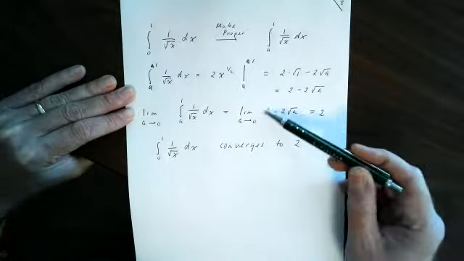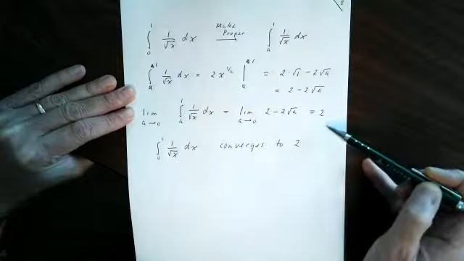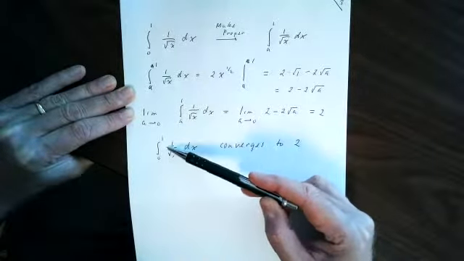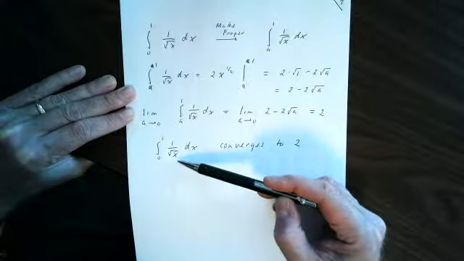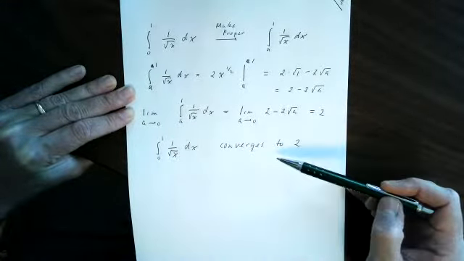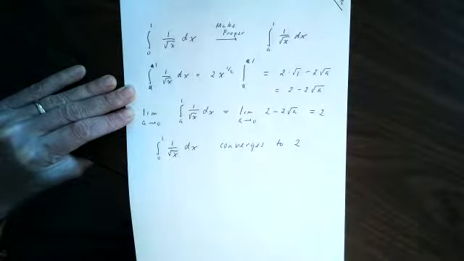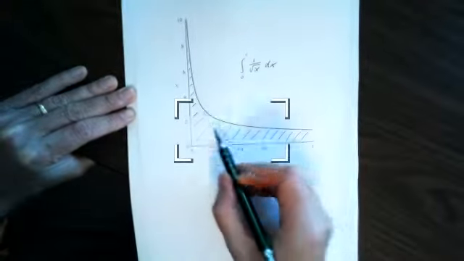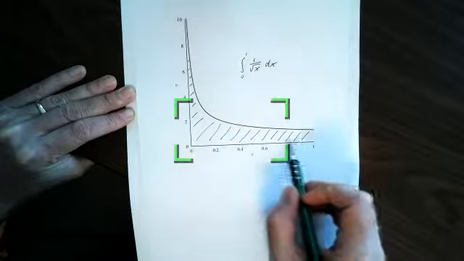So the whole quantity will become closer and closer to 2. So in this case, we say that the improper integral from 0 to 1 of 1 over the square root of x dx converges to 2, or in fact equals 2. So in terms of my picture, it only takes 2 units of paint to cover the shaded region.